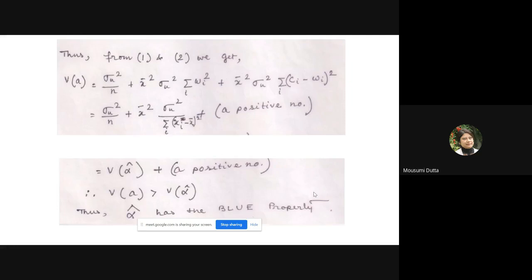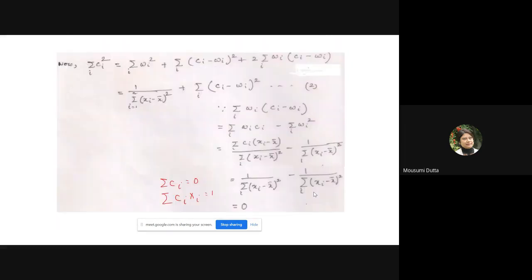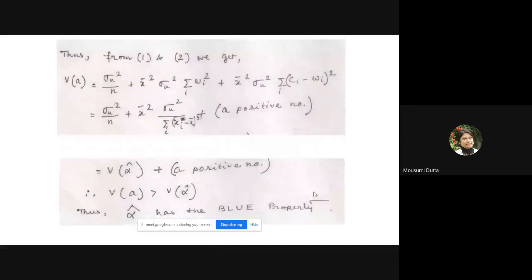If anyone has any question for any part. The only thing you have to use is the cap notation, otherwise the same thing. Any query? Ma'am, could you go back to the last slide for a second? Yeah.